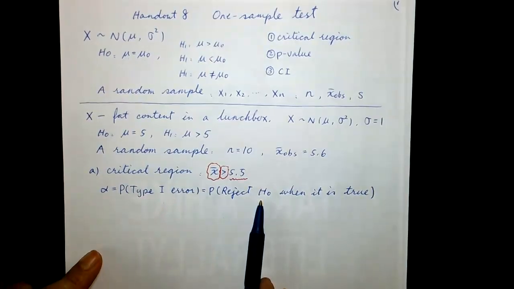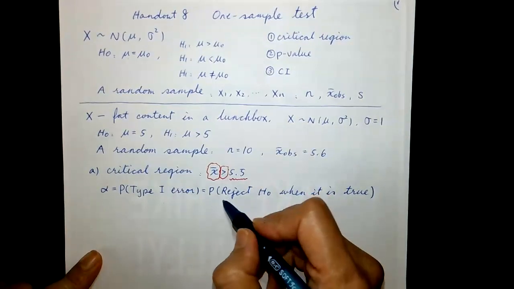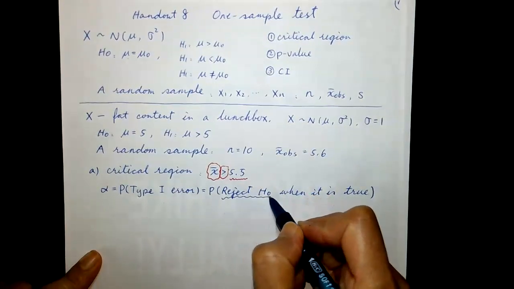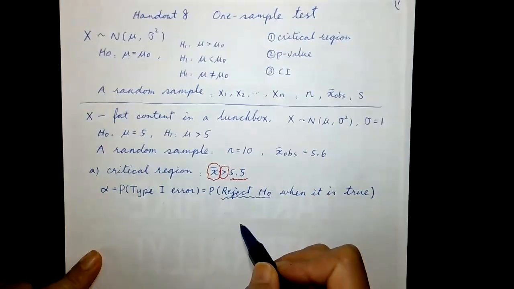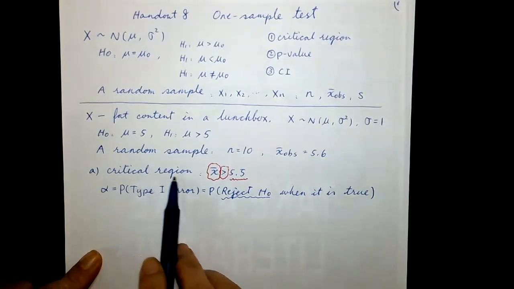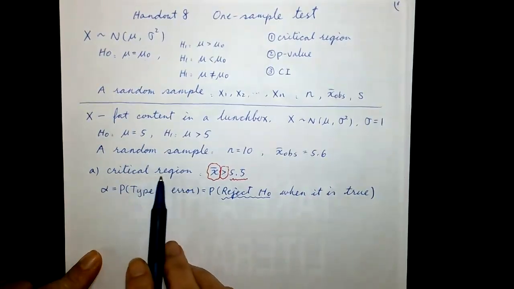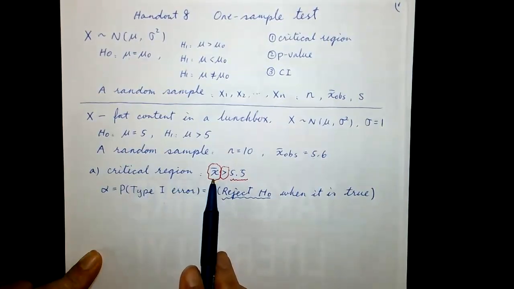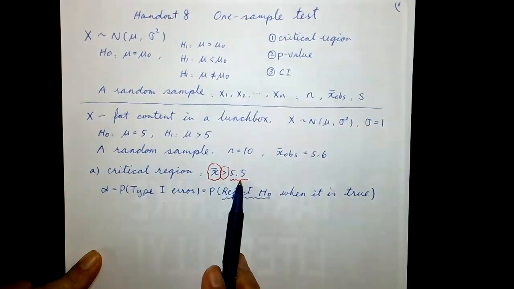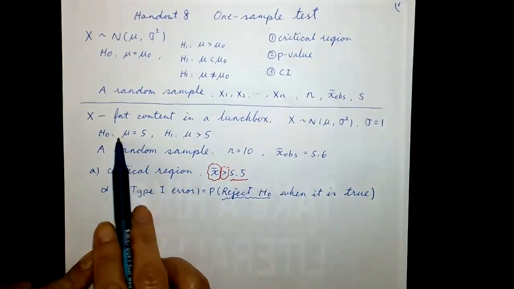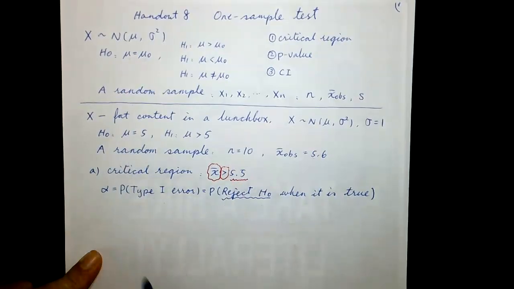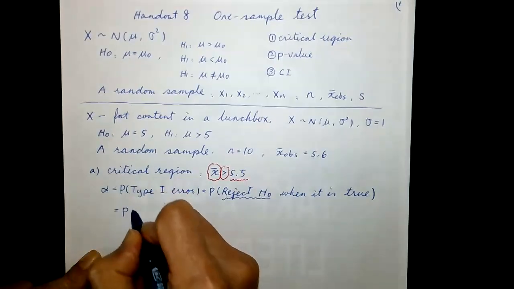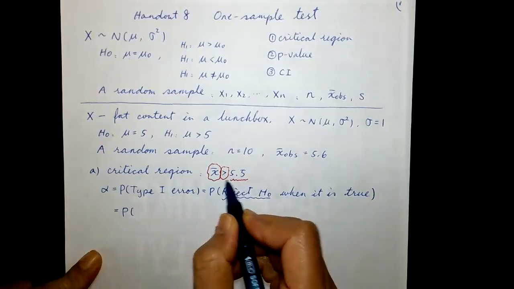Reject H naught based on what? So what would make you reject H naught? The critical region, right? We are using the critical region method right now. So if your sample mean is too large, then you reject H naught. So we reject H naught when this happens.